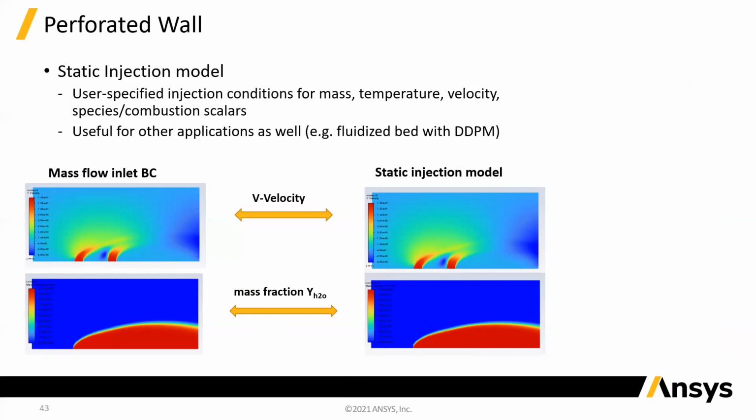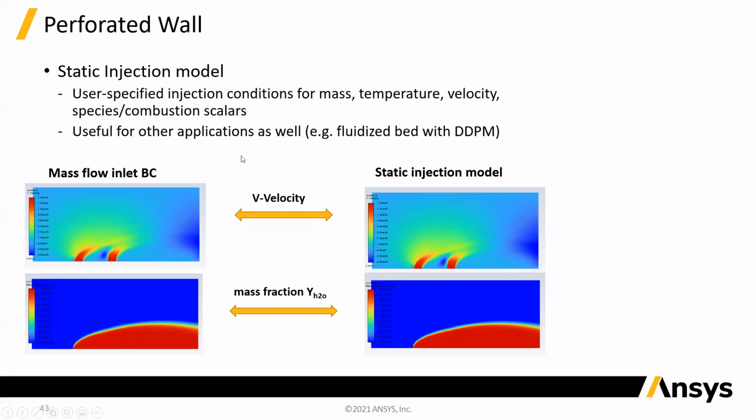Now, the big advantage of the latter is that if you're trying to optimize that plate and look at different hole positionings, etc., the perforated wall model just requires you to make some changes in the setup. You don't go back and do any remeshing. So it's a much, much quicker way of doing things.